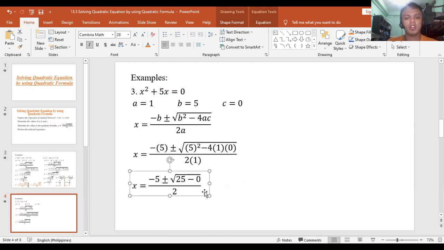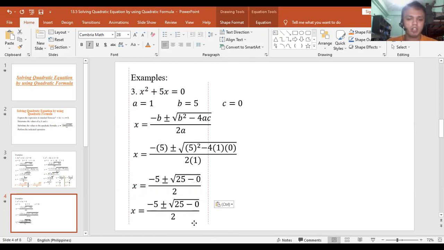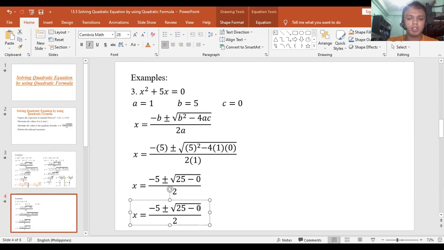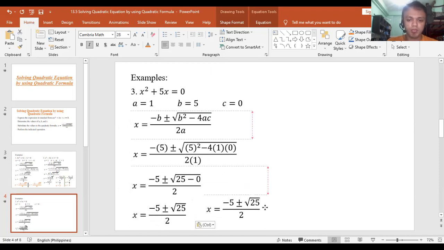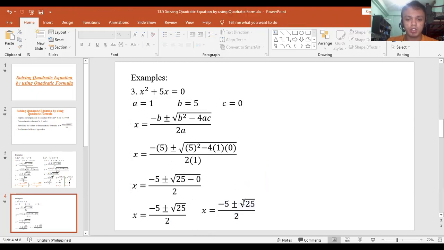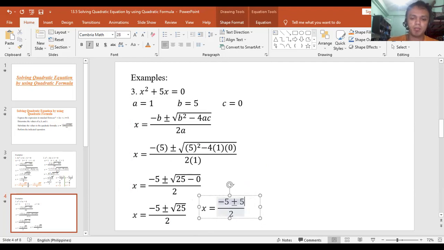And then 25 minus 0, that is 25. Okay, square root of 25. Ano yung square root ng 25 natin dito? That is 5. Plus or minus 5. Then separate natin.